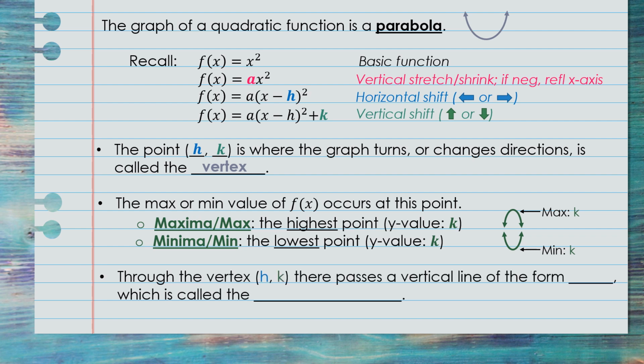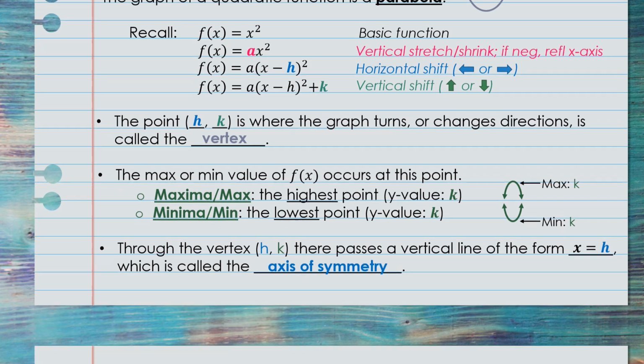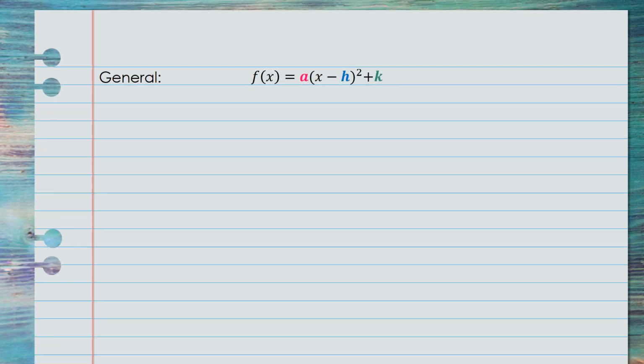Now, through the vertex h, k, there passes a vertical line of the form x equals h, which is called the axis of symmetry. Now, putting all this together, we want to summarize.